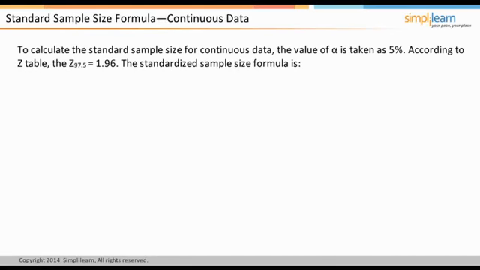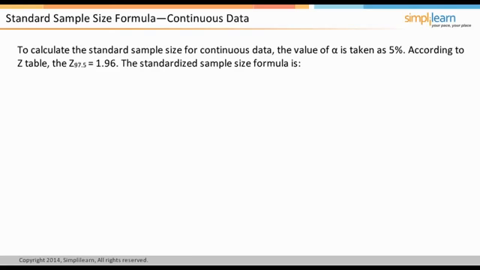Representation error, or alpha error, is generally assumed to be 5% or 0.05. Hence, the expression 1 minus alpha divided by 2 amounts to 0.975 or 97.5%. Looking up the value of Z 97.5 from the Z table gives the value 1.96.